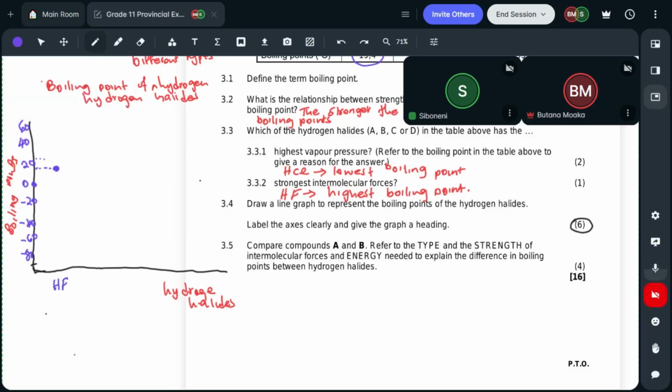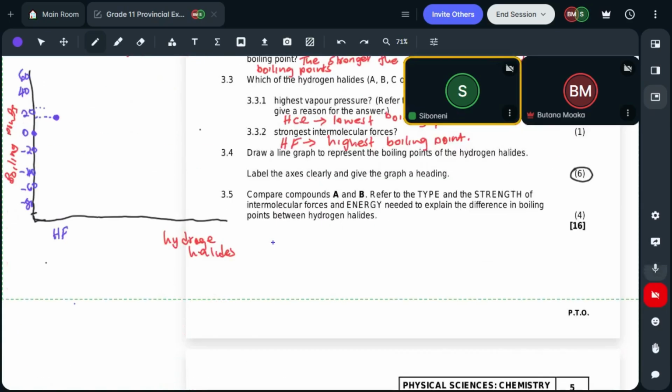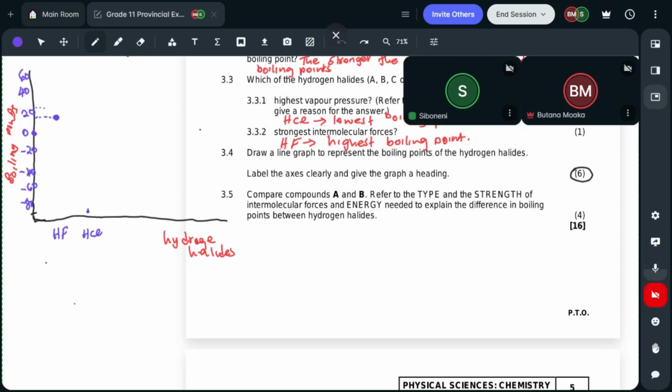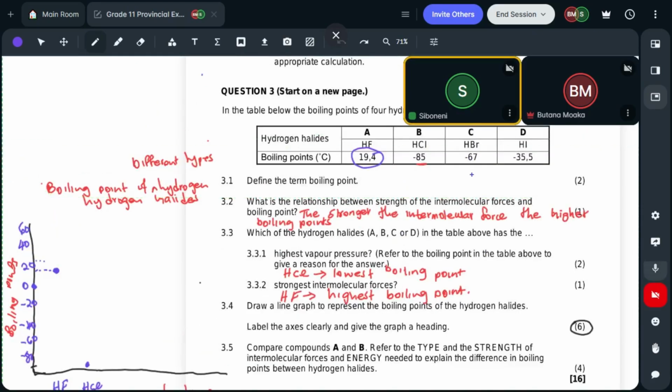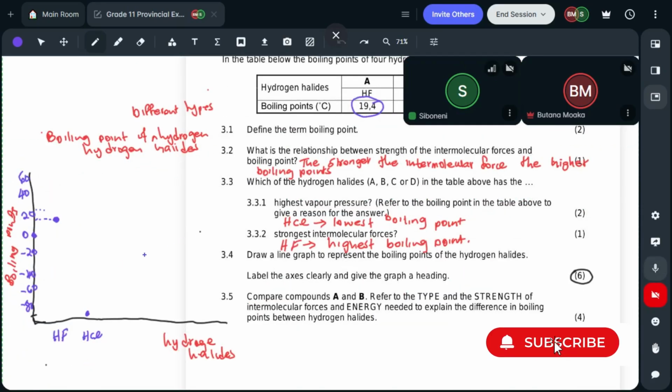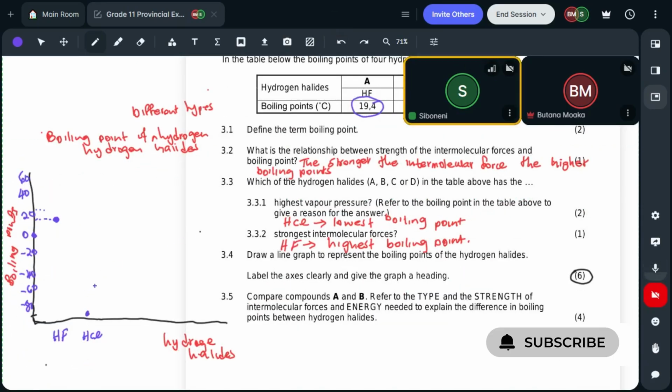The next one that we have on the list is HCl. So HCl should be somewhere down here before minus 85. And then as we keep moving, the next one, minus 67 should be before 60. It should be somewhere down here.